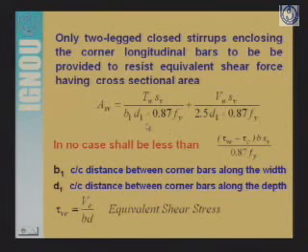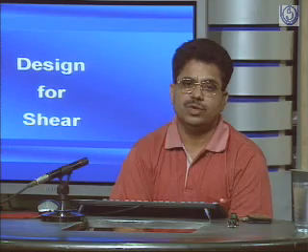Here in this expression we have seen two new things, others you are aware of. b1 and d1: b1 is the center to center distance between corner bars along the width, and d1 is the center to center distance between corner bars along the depth. Rest of the things in this expression you know, so you can move forward by putting in values whenever you are asked to design.